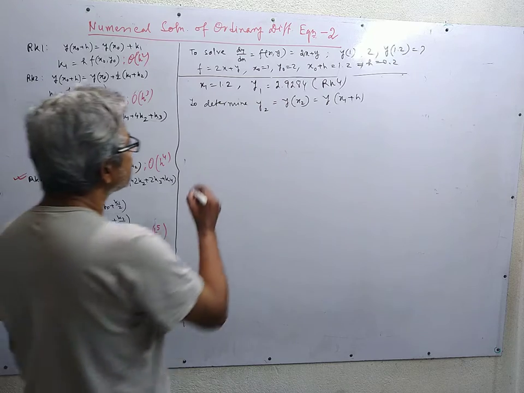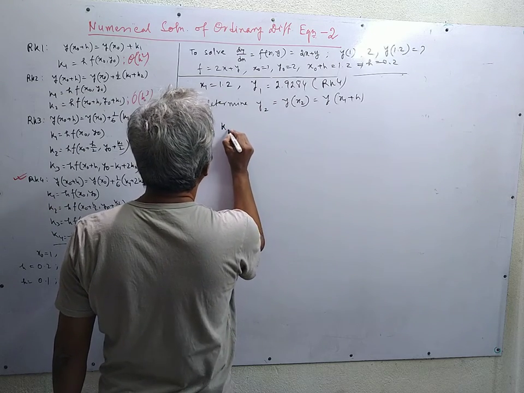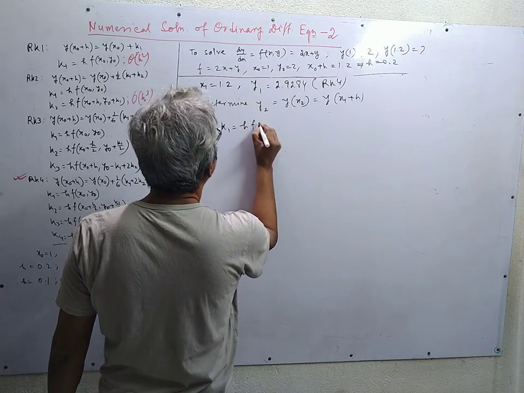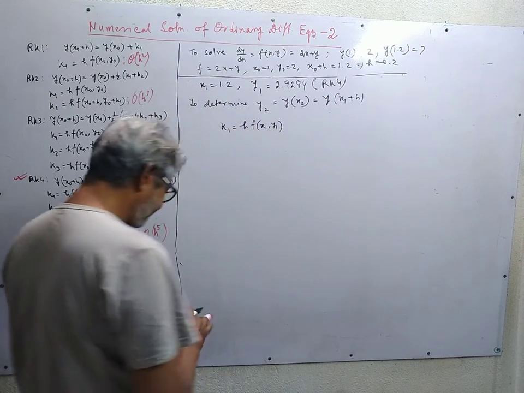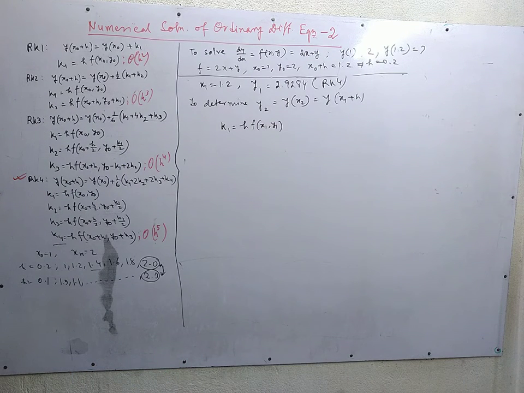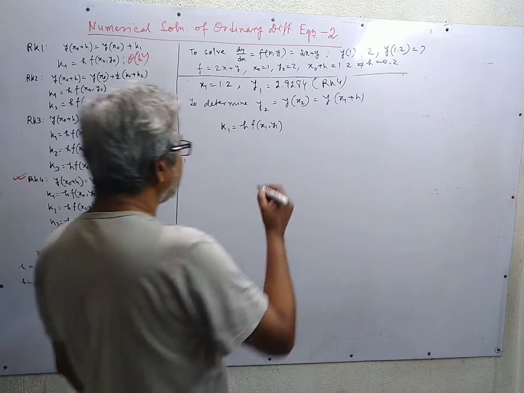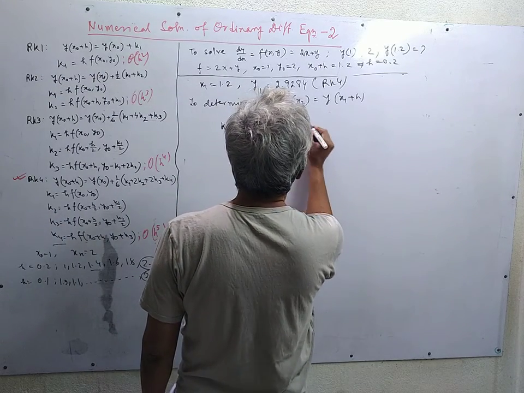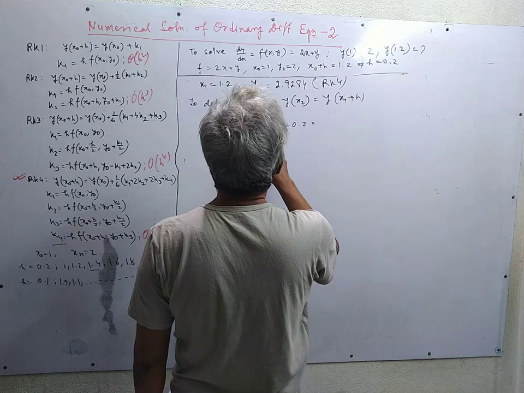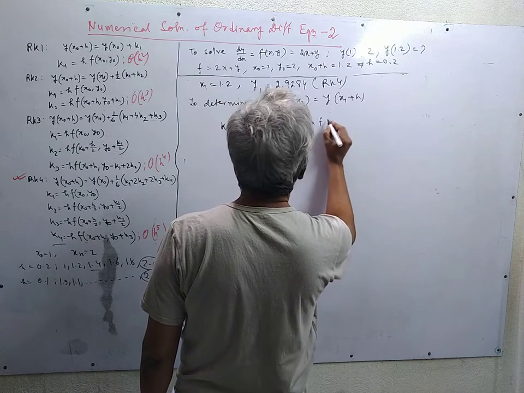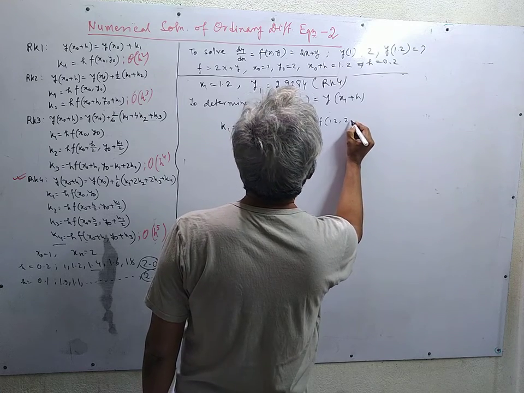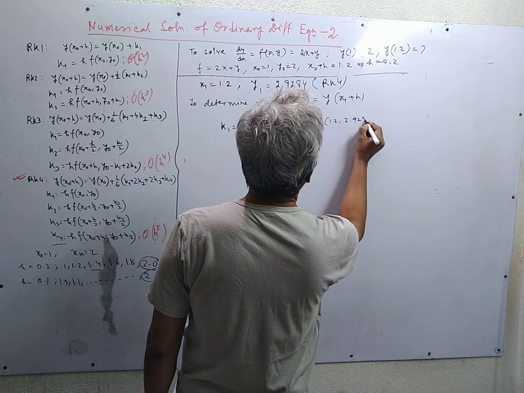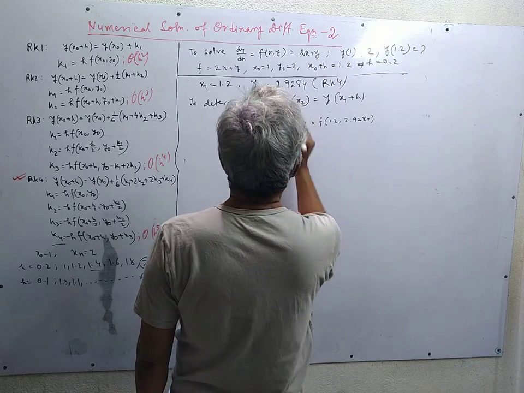So first we calculate k1, which is h f of x1, y1. Again h is 0.2, and x1 in this case is 1.2 and y1 is 2.9284. That is the function.